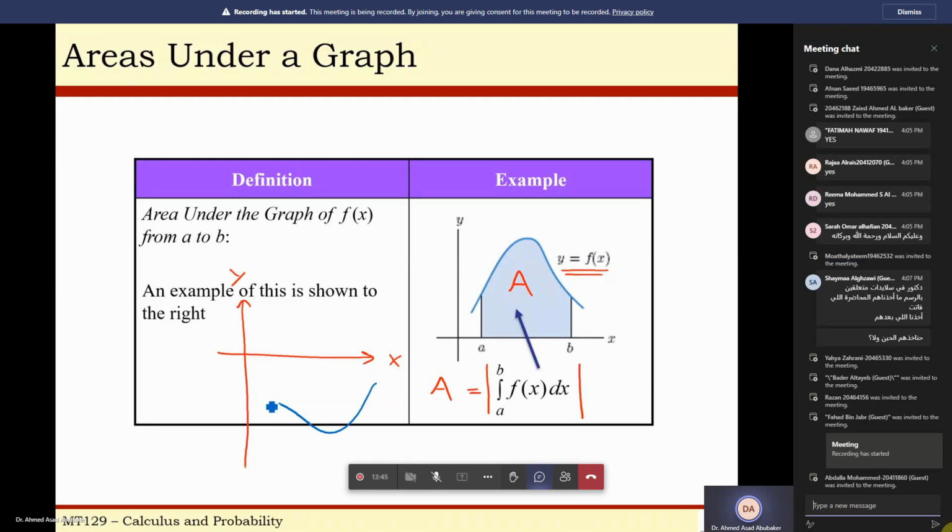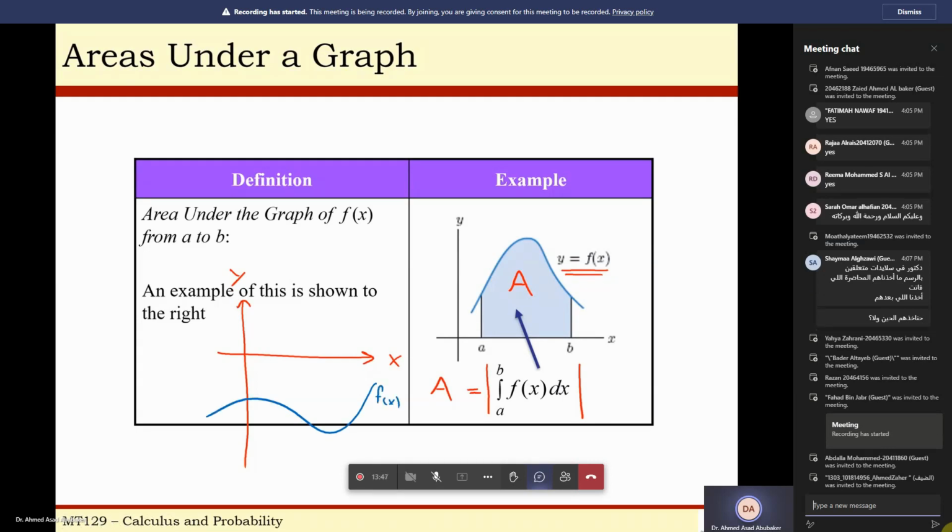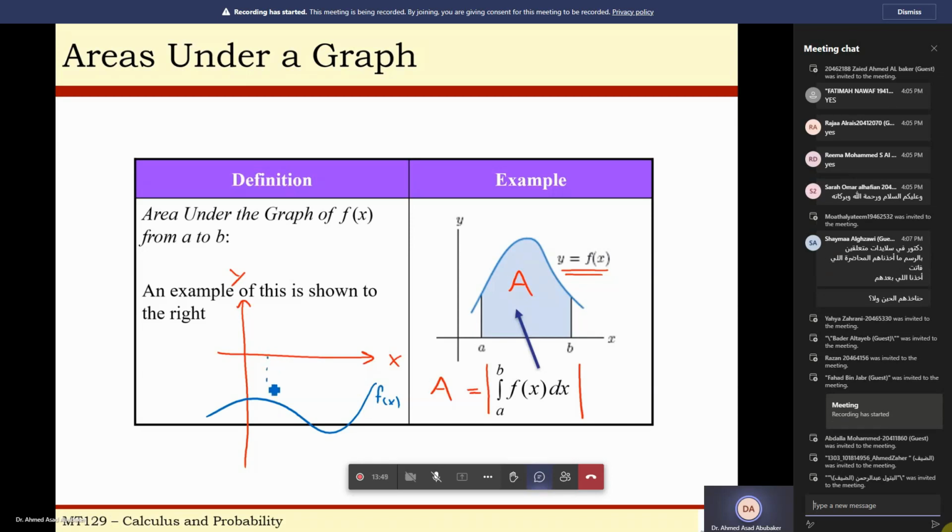If we have f of x under the x-axis from A to B, and we need to find this area, the integration is negative, but we need area, so the absolute value must be put to convert this area to positive.